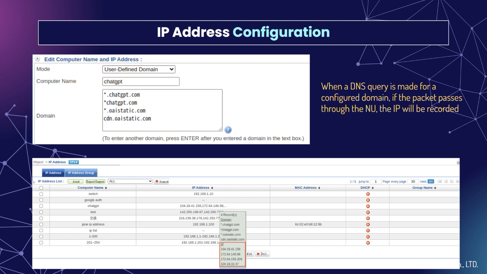So what should I do? In this case, I can set ChatGPT as a domain list and create a deny rule. By applying this rule to the ChatGPT domain list, I can block users from accessing ChatGPT. This is a more common use of the domain list.